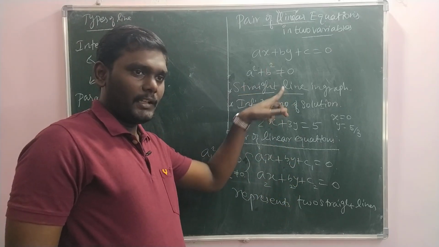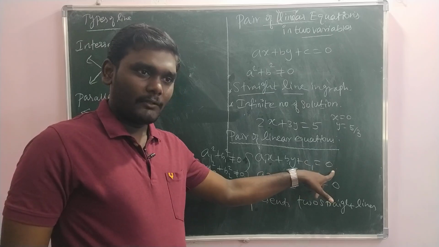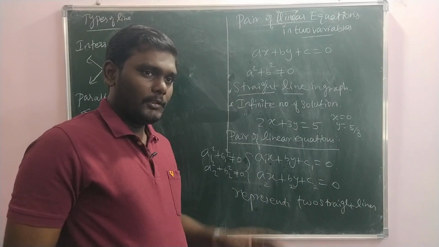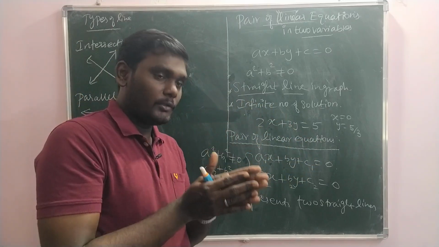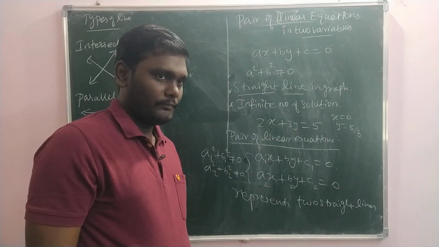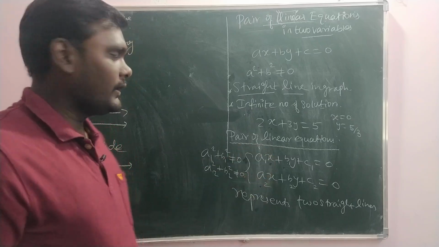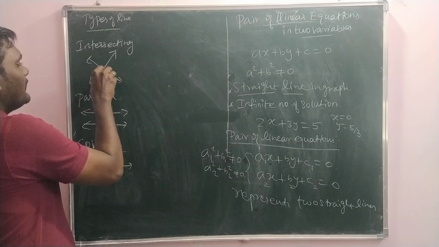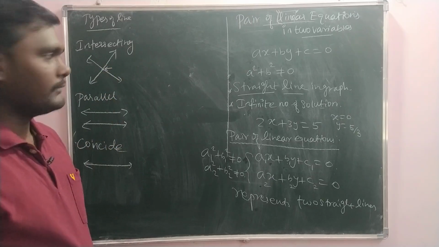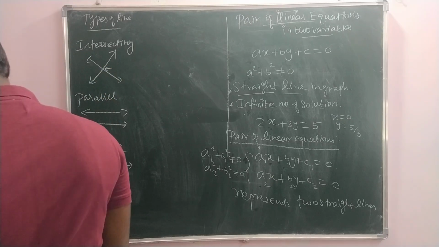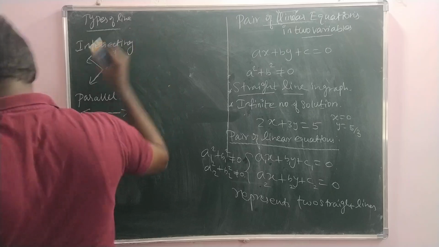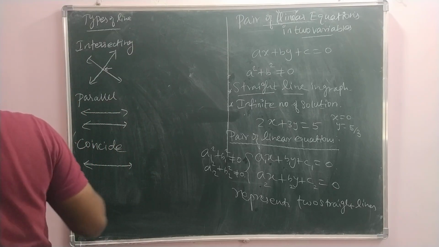By the previous theory, this line has an infinite number of solutions, and this line has an infinite number of solutions. If a point satisfies both equations, we can say it is the point of intersection, that means only one point is common. Then this particular point is called a solution. We call the type of solution a unique solution. That we can name as the algebraic interpretation.